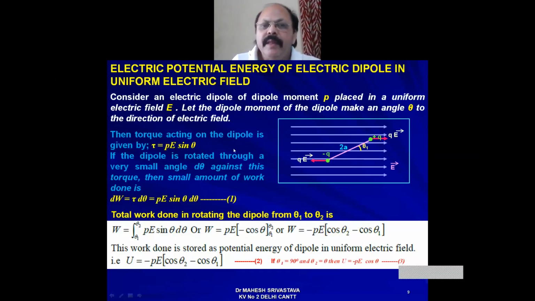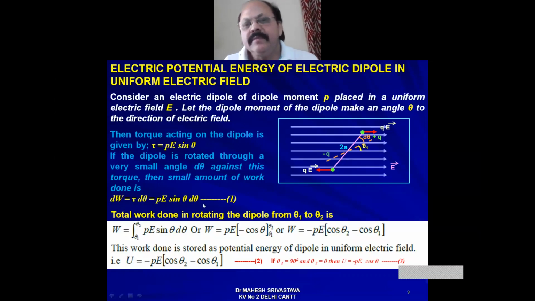Now if this dipole is rotated through an angle theta, then work has to be done. That work dW equal to tau d theta, and in place of tau, you substitute the value PE sin theta d theta, since it is a small angular displacement.